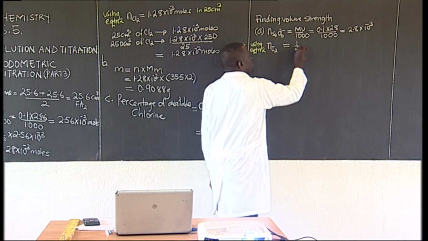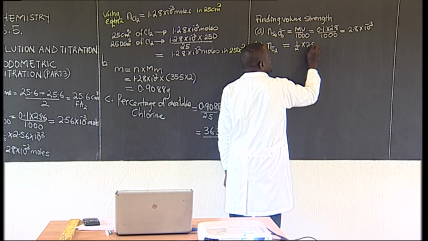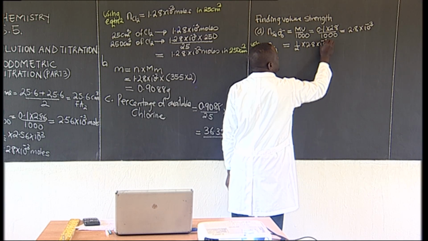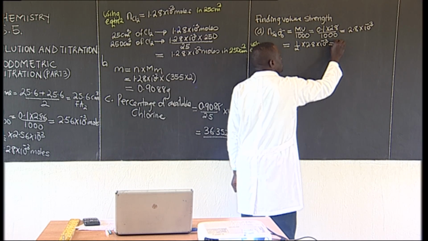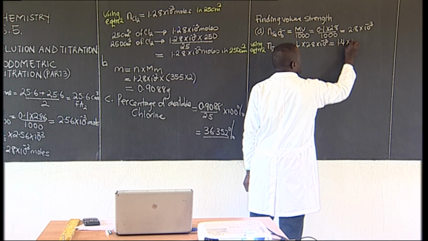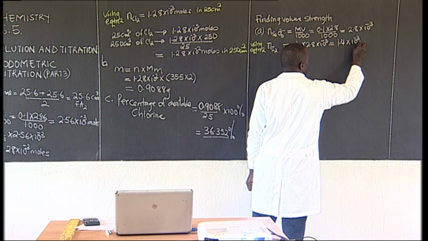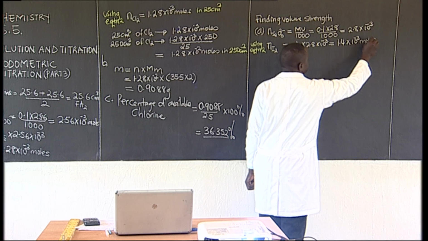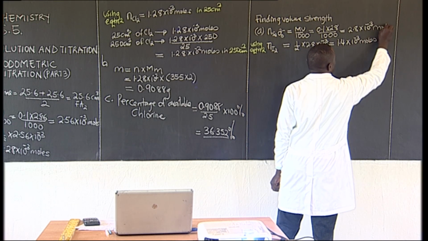So we say 1 over 2 times 2.8 times 10 to the power negative 3. Our answer will be 1.4 times 10 to the power negative 3 moles.